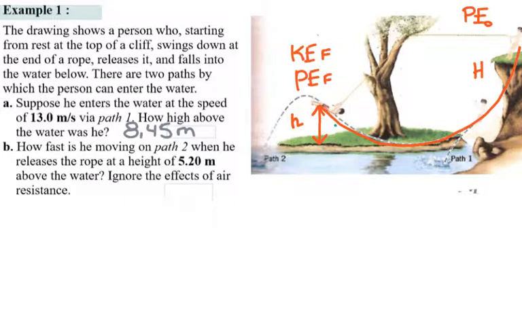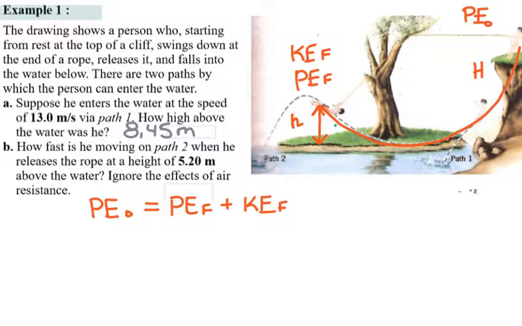So we will start with what we have at the beginning. He has potential initial energy. He doesn't have kinetic energy, so I'm going to skip writing that one down. And that is equal to, at point 2, potential energy final plus the kinetic energy final.